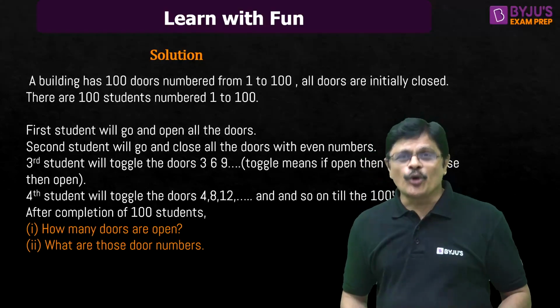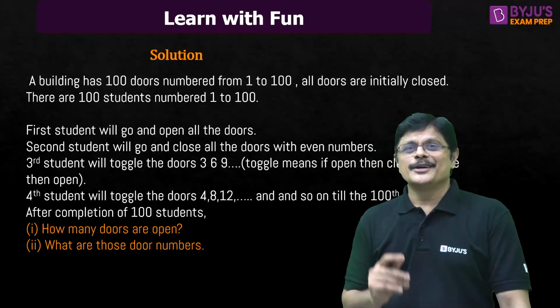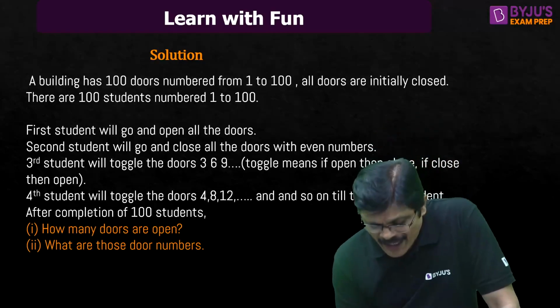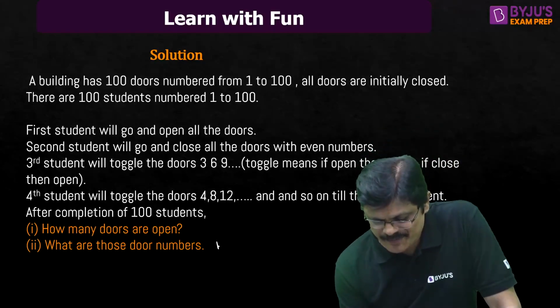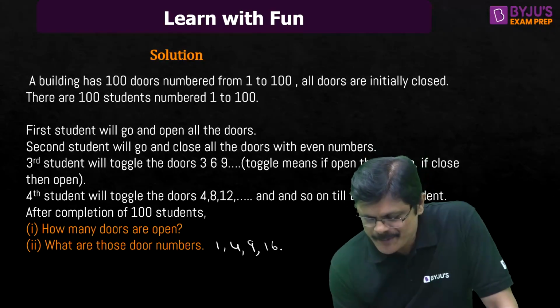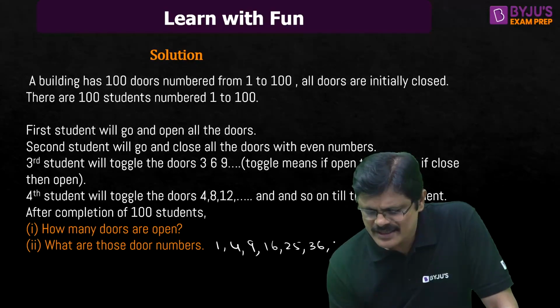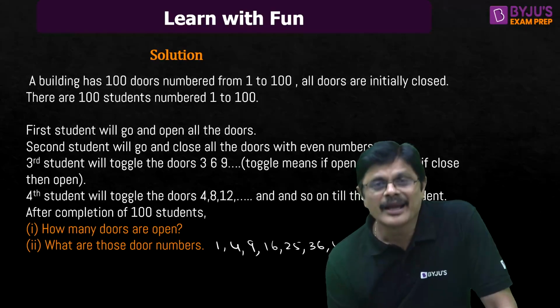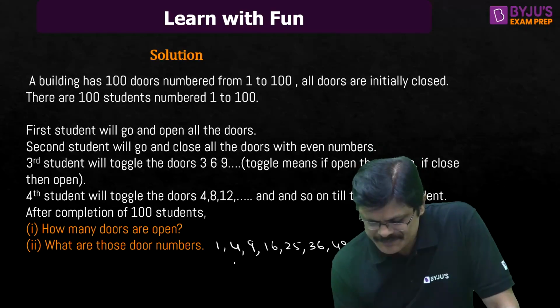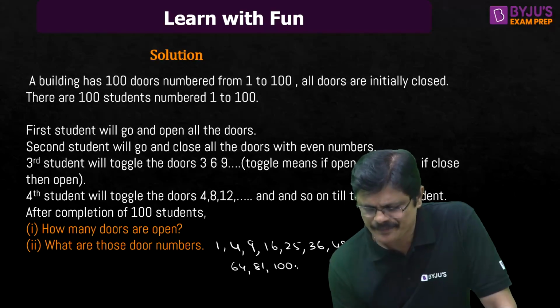How many doors are open? What are those door numbers? So the doors which are opened are the perfect squares. That is 1 square, 2 square, 3 square, 4 square, 5 square, 6 square, 7 square, 8 square, 9 square, and 10 square.